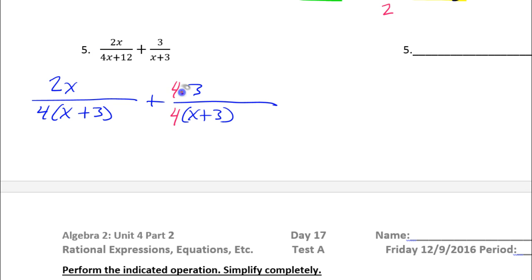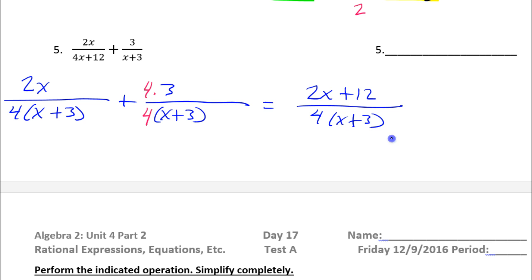That's valid as long as we put a 4 in the numerator as well. Now that we have like denominators, we can add. So we keep that common denominator of 4 times x plus 3, and we add the numerator. So this will be 2x plus 12.